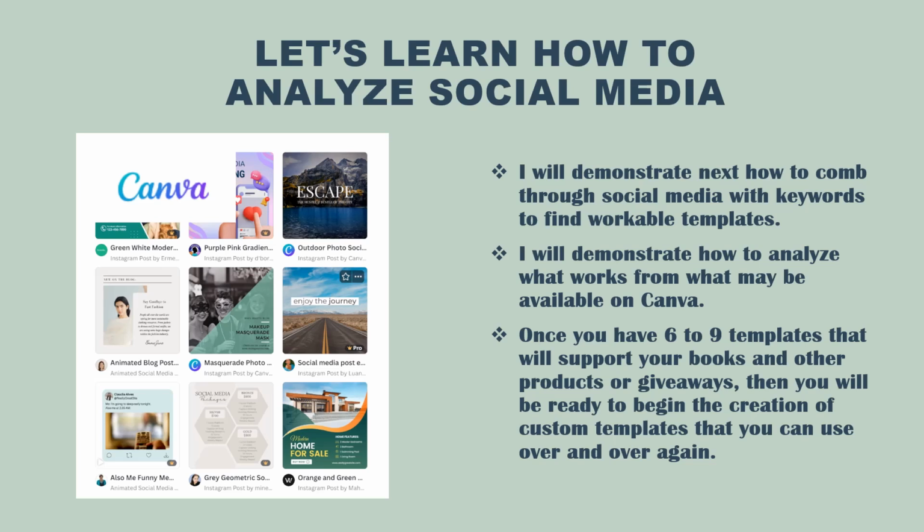I will demonstrate by searching with a few of my own keywords, but you will want to use keywords from all of your products to see what social media posts dominate before you choose a template. This is how you should determine the type of templates to begin with. Once you have a collection of workable templates, the creation of different social media posts will get very quick and very easy.